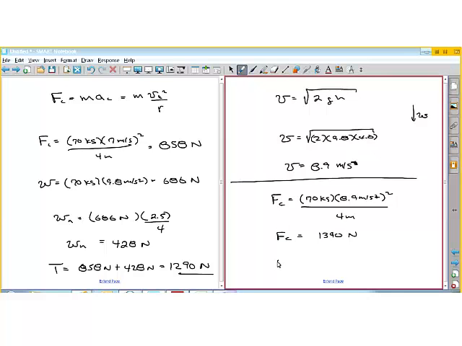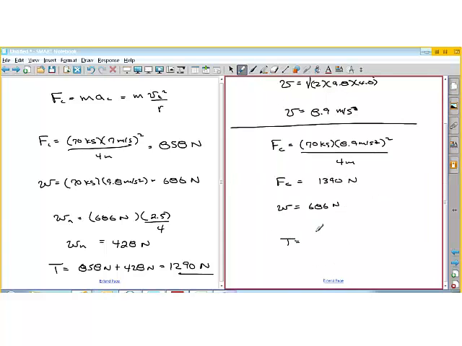And then you have the weight, and you take the full amount of the weight, which is 686 newtons, and you add the two together. So the tension at that point is 1390 plus 686, which is about 2100 newtons. So it's almost 3 times his weight that he's got to hold on to that rope with.